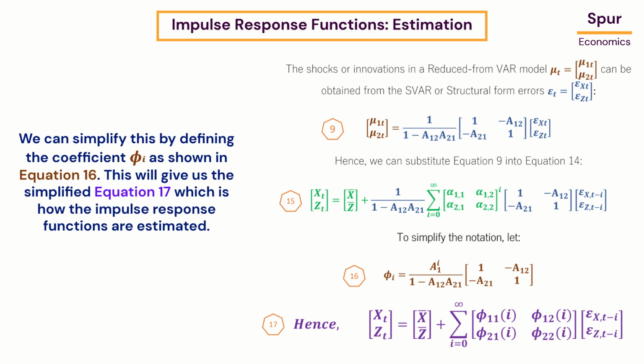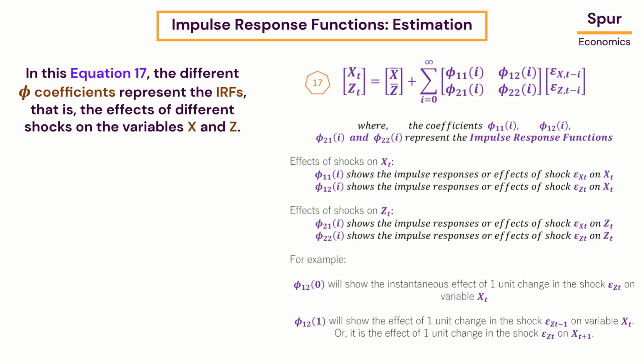We can simplify this by defining the coefficient phi as shown in equation 16. This will give us the simplified equation 17, which is how the impulse response functions are estimated. In this equation 17, the different phi coefficients represent the IRFs, that is, the effects of different shocks on the variables x and z.